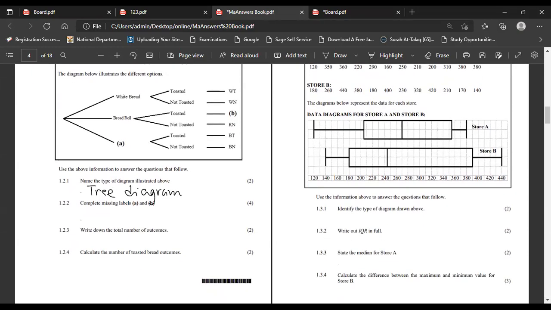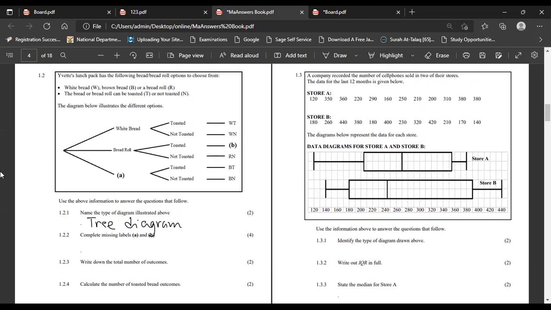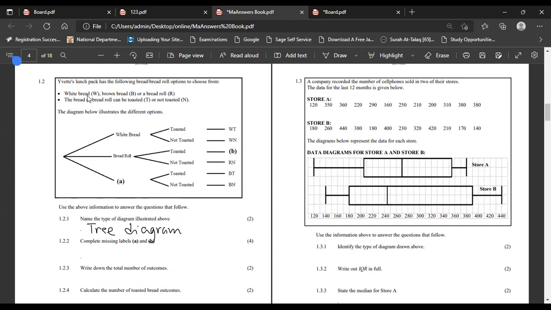Okay, when you take note of this, the value of A will come from the statement itself. Look here, white bread, which is in here. Then we have a bread roll, which is the R. So whatever is missing here is supposed to be the brown bread, which is what?